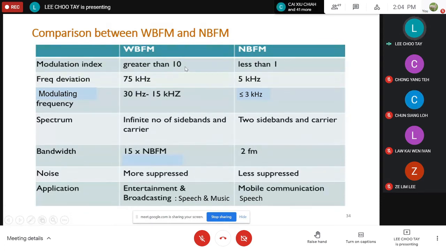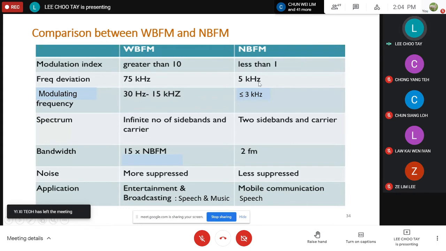Normally it's greater than 10, while the narrowband FM has a modulation index which is much smaller than 1. And frequency deviation for wideband FM again is very wide, 75 kilohertz compared to narrowband FM, which is about 5 kilohertz only.